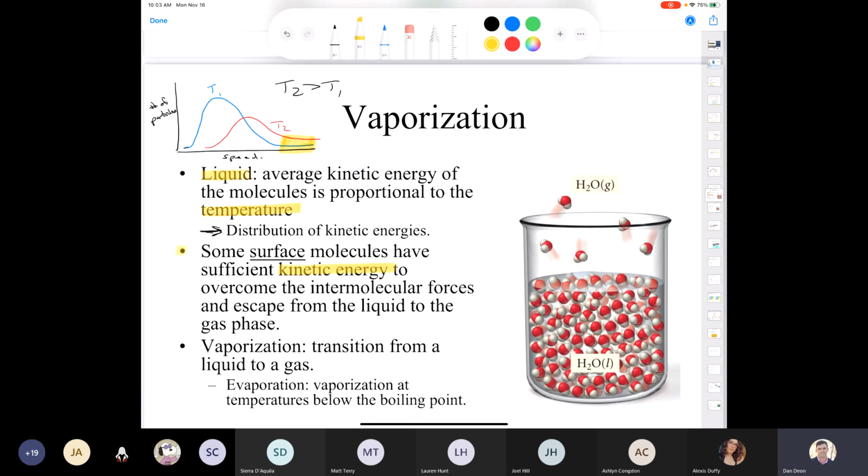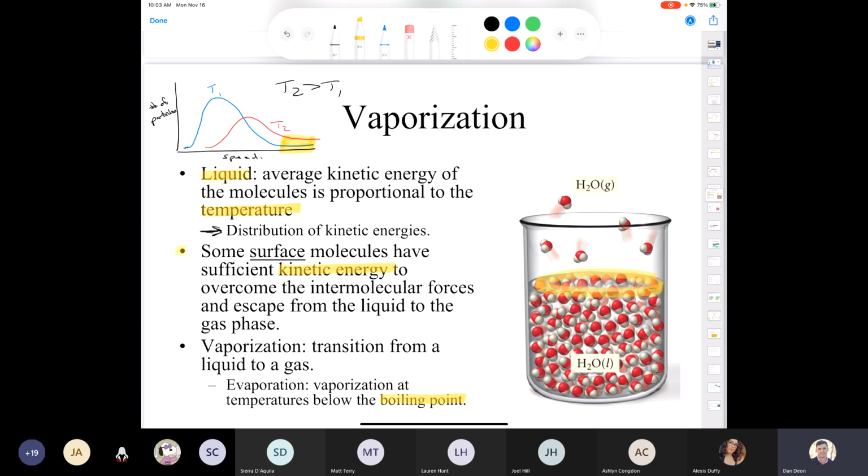As we increase the temperature, the kinetic energy of the molecules at the surface gets greater and greater, until we reach a high enough temperature called the boiling point, where all of the molecules have enough kinetic energy to escape into the gaseous phase.